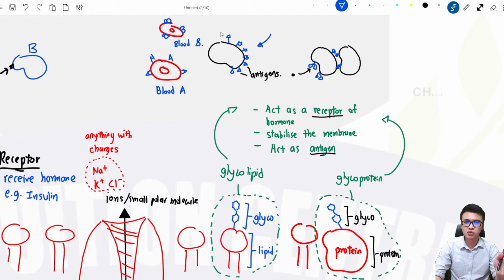COVID-19 is also the same. COVID-19 has antigens on top of the plasma membranes, which look like this. So this is the COVID-19. The bacteria and the viruses also have antigens on top of the surface. This antigen comes from glycolipids and glycoprotein.